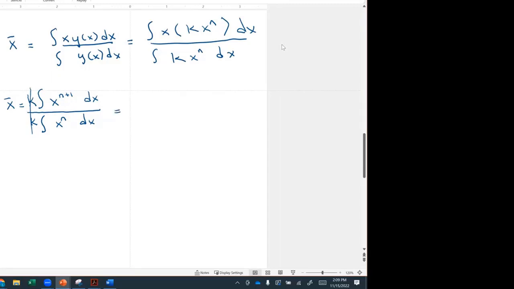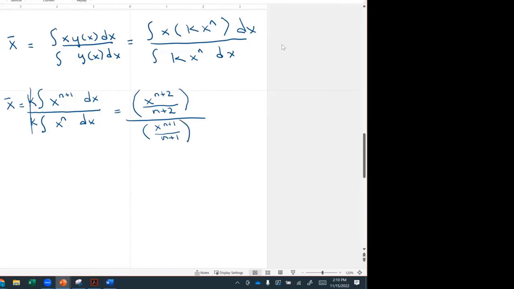So we integrate this and we get x to the n plus 2, because we add 1 when we integrate, divided by n plus 2, over, so this is the integral of the numerator, divided by the integral of the denominator, which is x to the n plus 1 over n plus 1.